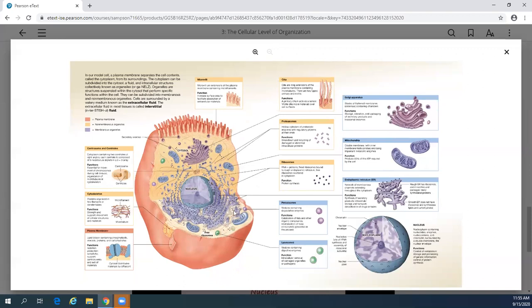Right? Then we have lysosomes, which are digestive enzymes. Those digestive enzymes are shown here in the green vesicles. They will destroy anything in here, like a worn out organelle. Some cells can actually phagocytize, in other words, eat pathogens. Right?